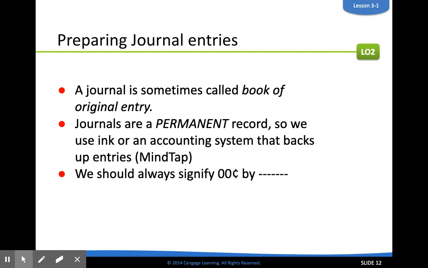So our MindTap accounting system backs up our entries, it saves them, which is really nice. So it's permanent. And if you were writing the transactions on paper, instead of signifying 0 cents as 0.00, we need to put a dash. It just kind of cleans up our journal a little bit.